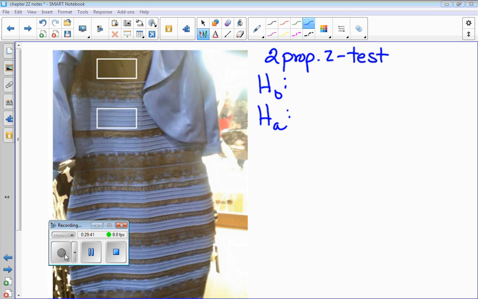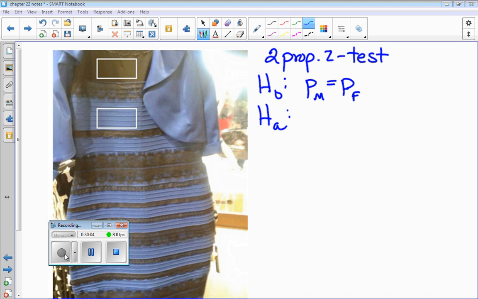It's always the population proportion. The null hypothesis often can be written this way. And since we decided as a class to do male versus female, we'll go ahead and make it male versus female context, if that's okay. There are equal numbers of males and females that see both white and gold versus blue and black.